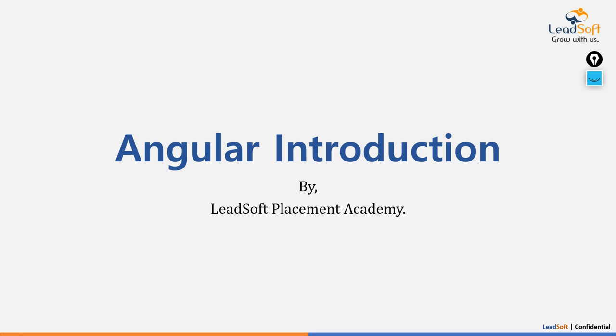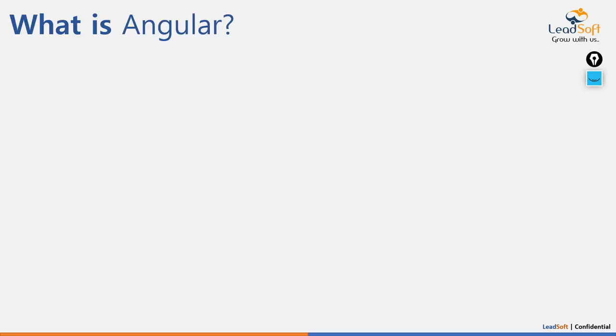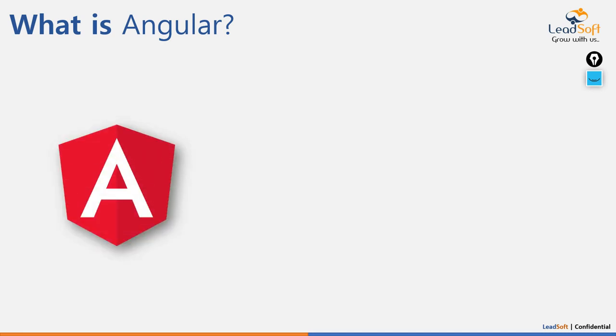When it comes to Angular, the very basic important thing to understand is what Angular is. You might have seen two different names, either Angular or AngularJS. Angular is a framework, or we can say a platform, where we can build web applications.